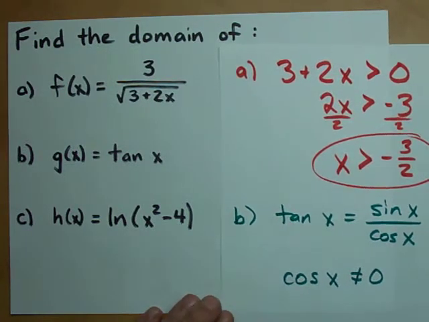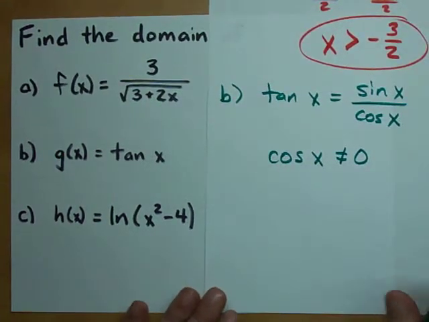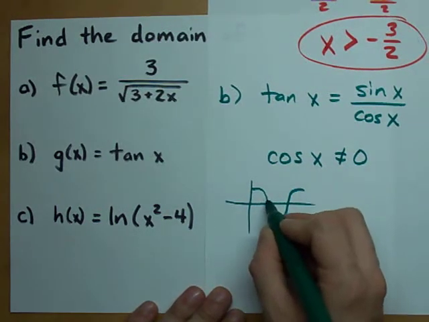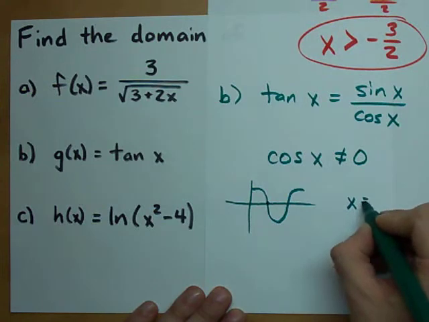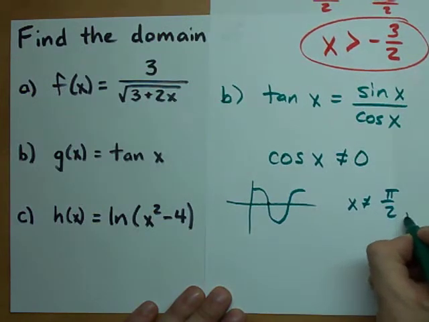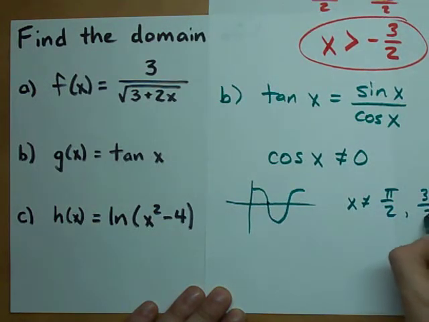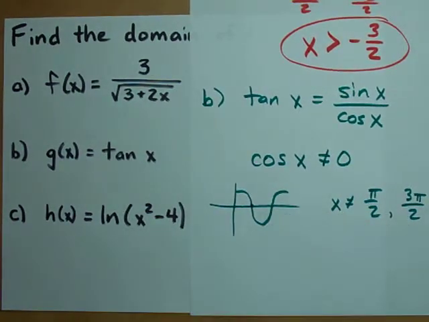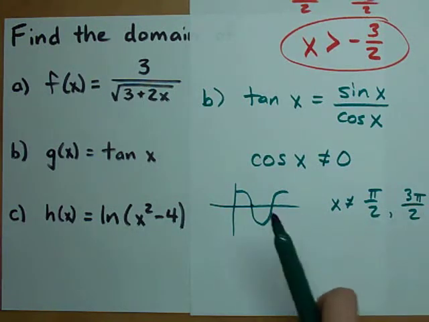When is cos 0? Well, according to the graph, which I hope you have memorized, cos is 0 at pi over 2 and 3 pi over 2, at least in radians. That's 90 degrees and 270 degrees. At the very least on the interval from 0 to 360.